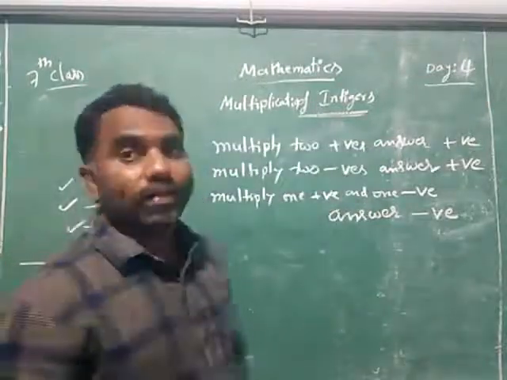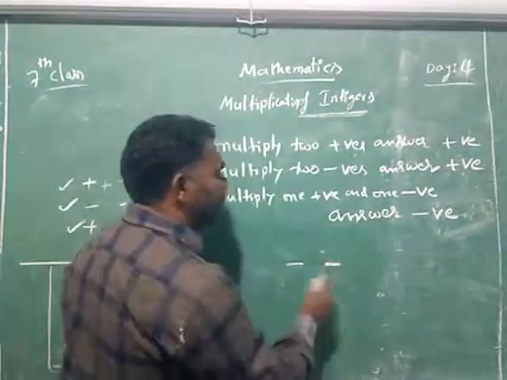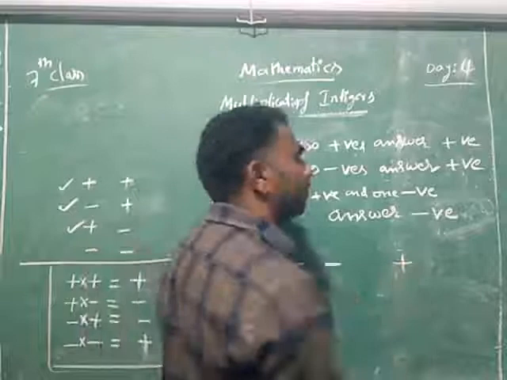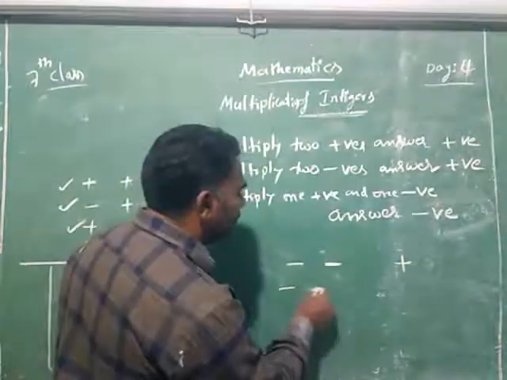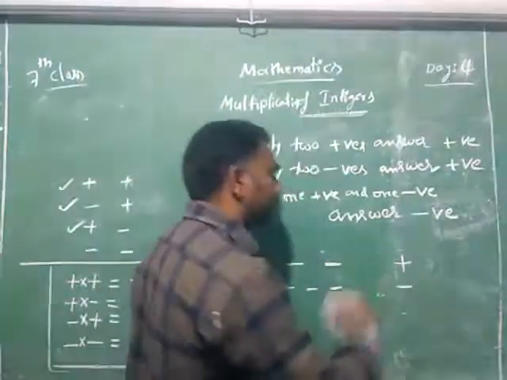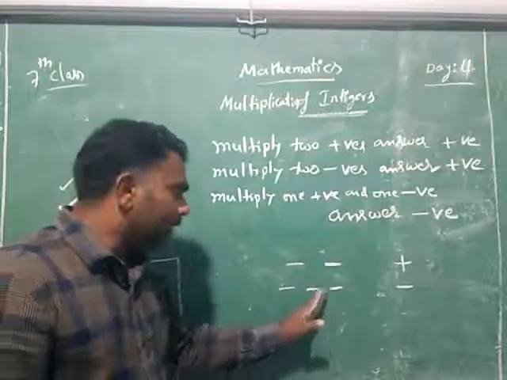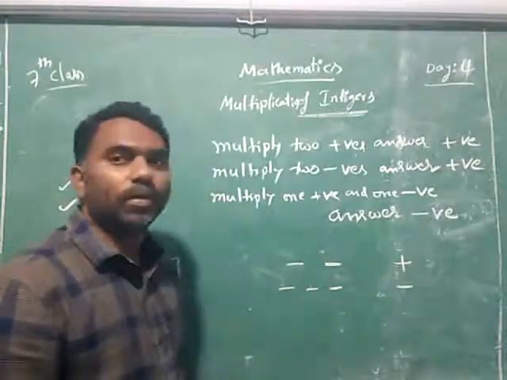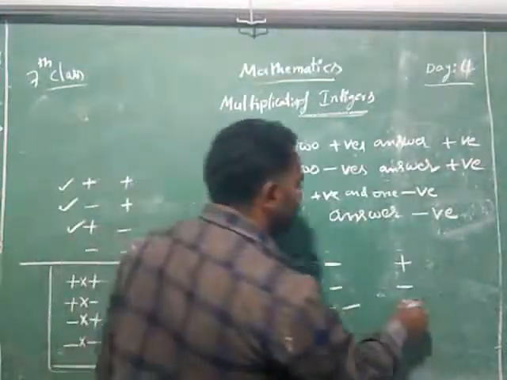If you multiply two negative numbers, we will get the answer plus. If you multiply three negative numbers, we will get the answer minus. Because you see, minus into minus plus, plus into minus minus. If you multiply four negative numbers, we will get plus.